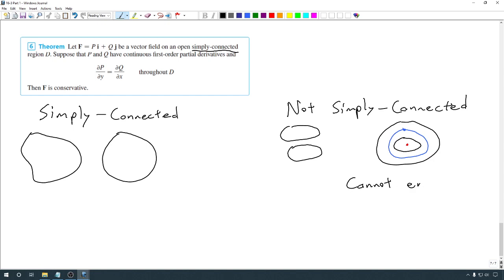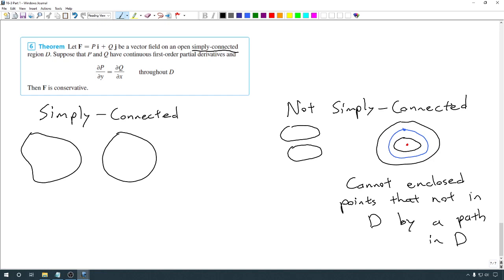So we cannot enclose points that are not in D by a curve, or let's say path in D. That's the thing that simply connected is actually excluding.